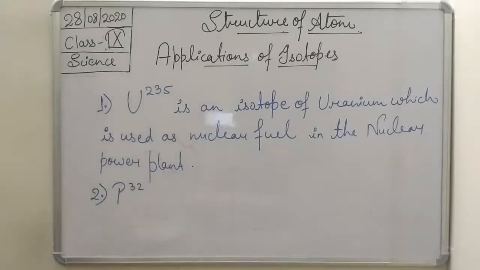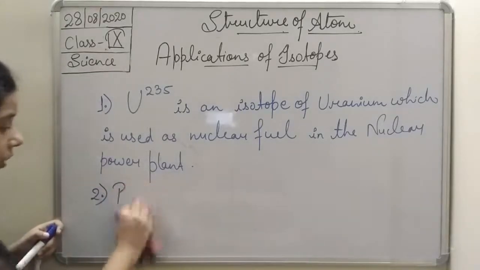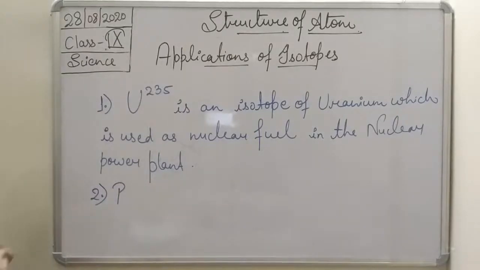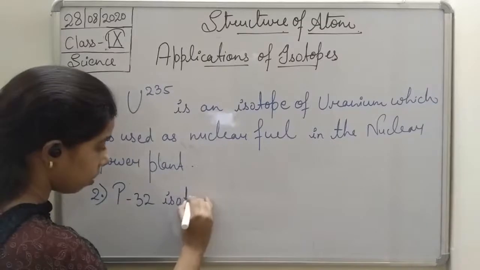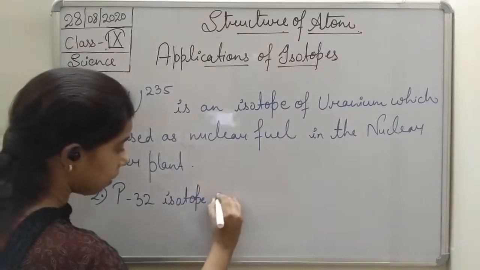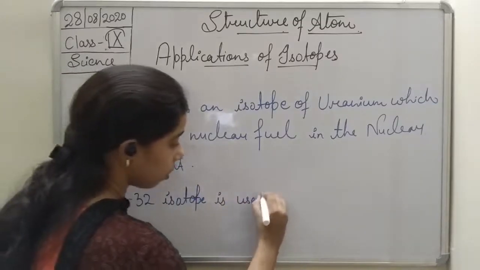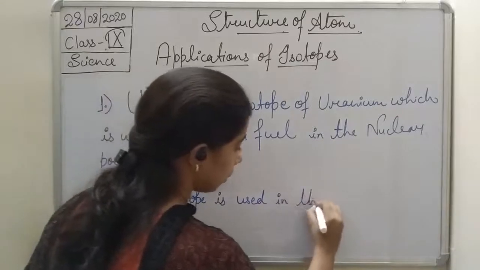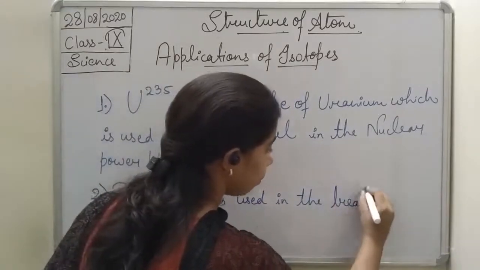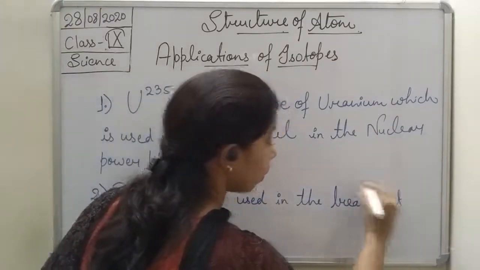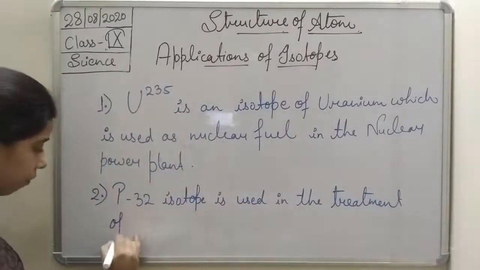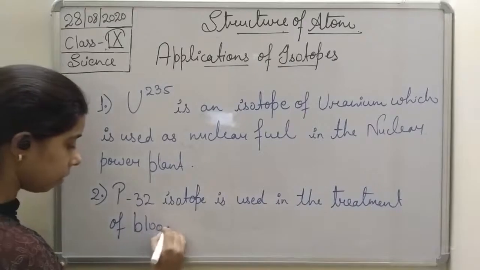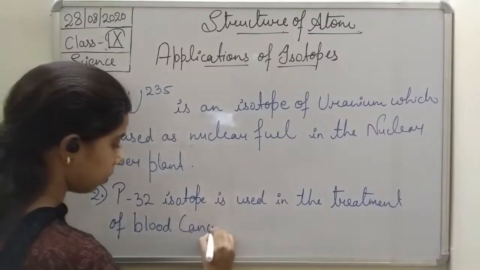So phosphorus 32 isotope is used in the treatment of blood cancer.